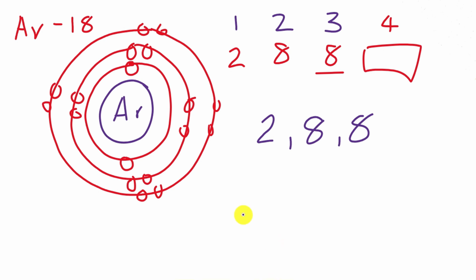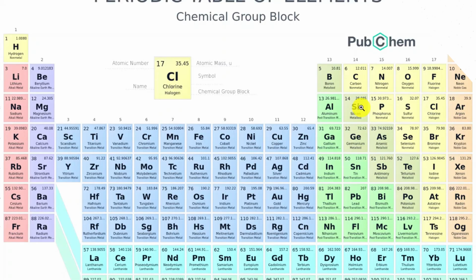So, let's have a look at the way how to draw the aluminium 3 plus atom. I will first draw the aluminium neutral atom. Now, if I have a look at the periodic table, I can see the atomic number of aluminium is 13, which means in my diagram, I can start by mentioning aluminium 13.